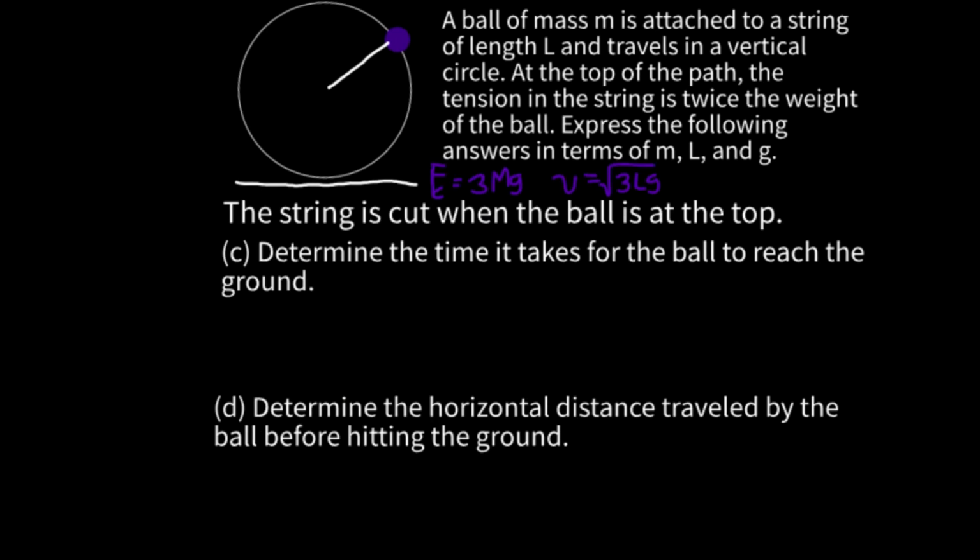And these are the final two parts of this question. So first, we want to determine the time it takes for the ball to reach the ground. So we're going to be looking at our kinematic variables in the y direction. So when the ball is at the top, it has a tangential velocity that is all in the x direction. So that means our initial velocity in the y direction is 0.